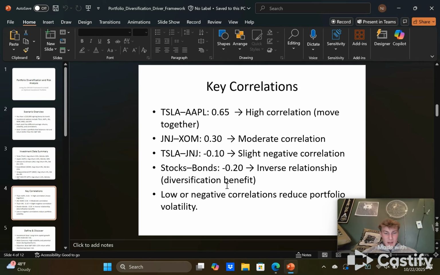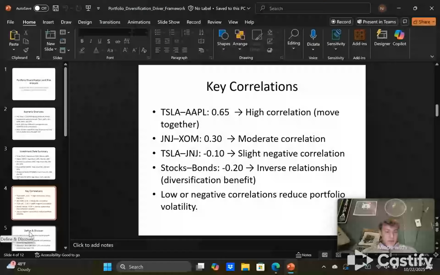The stocks and bonds have a negative 0.20 correlation, so an inverse relationship, which is actually a diversification benefit I have noted. And then the low or negative correlations reduce portfolio volatility, so that's a good thing, obviously.